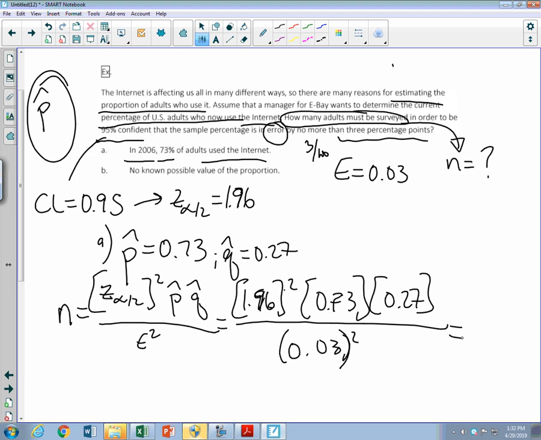And when I worked this out, feel free to pause this at any time and work it out for yourself, but I got 841.3104, or in other words, I found that N was equal to 842, the number of adults that we must survey.